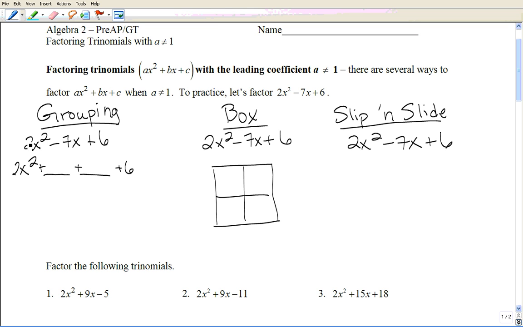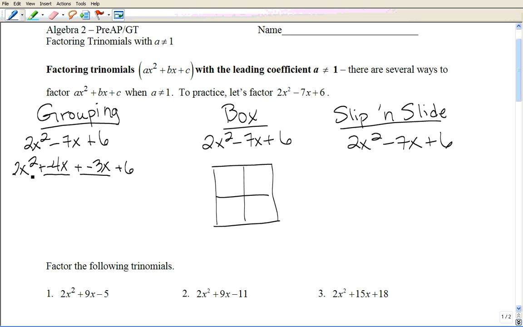So what we do here is we multiply a times c, so 2 times 6 is 12. So we have to think, what factors of positive 12 add to negative 7? Well, that could be negative 4 and negative 3. So in those blanks, we'll write negative 4x and negative 3x. It doesn't matter which order you write these in, in the end it will all work out, just so you know.